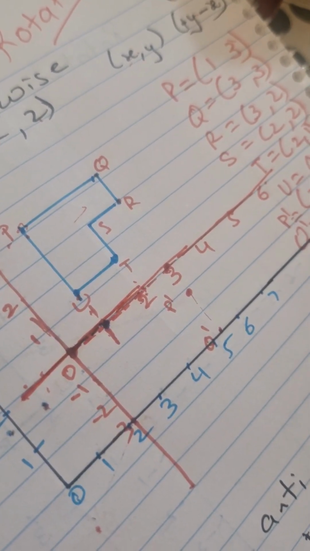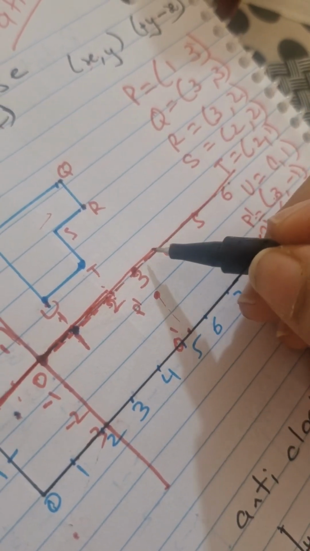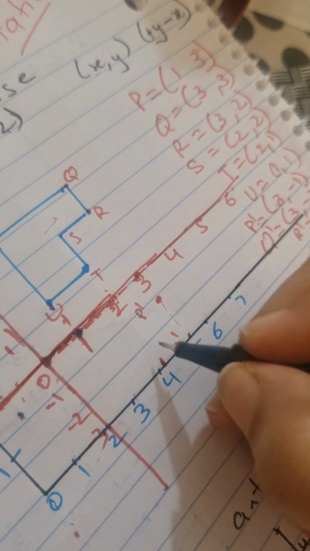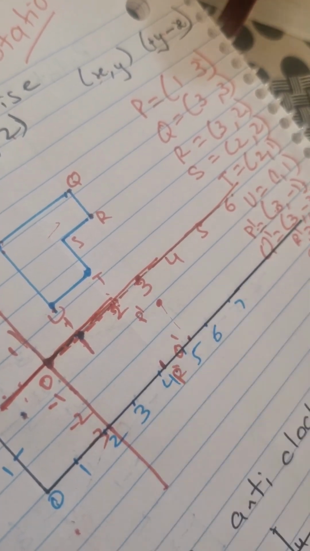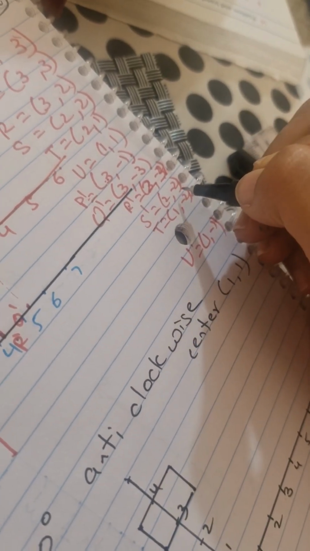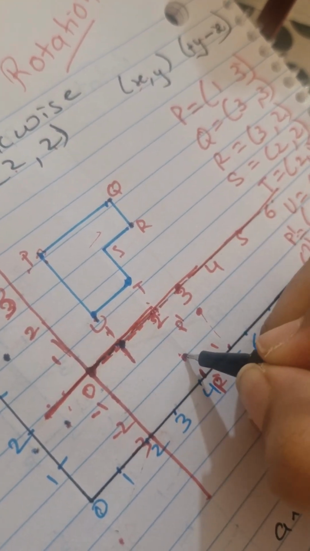Then R prime is 2 and negative 3, here. Then we have S prime, 2 and negative 2, here.